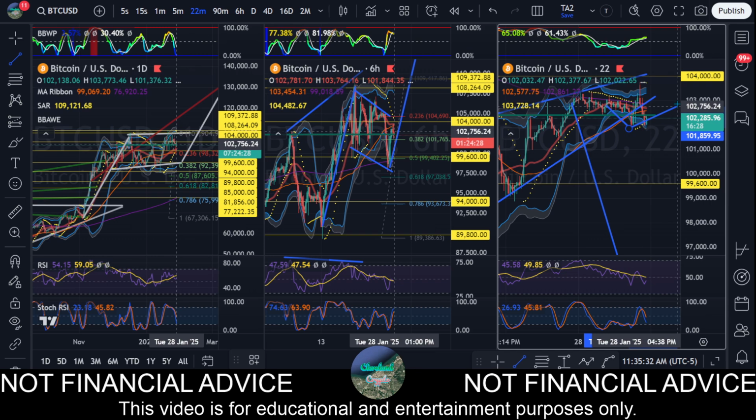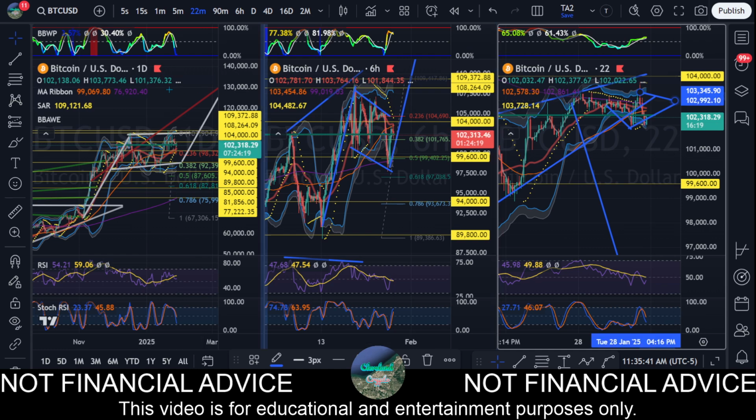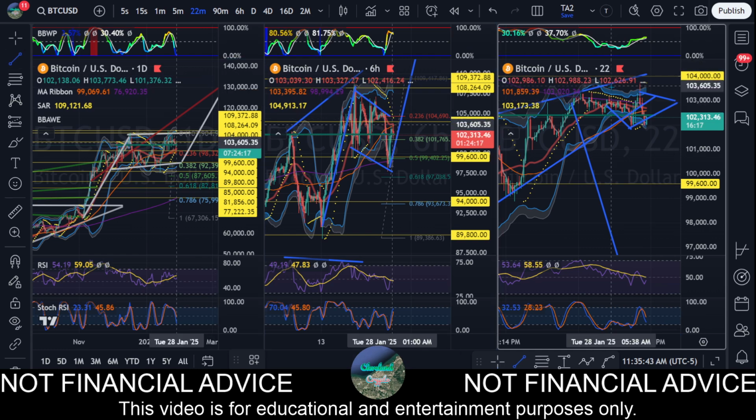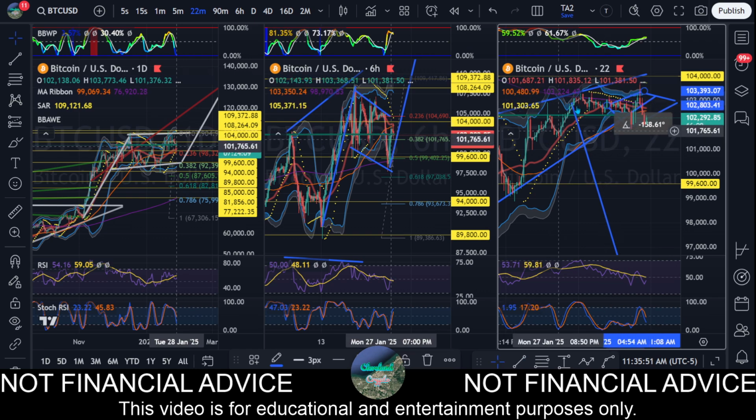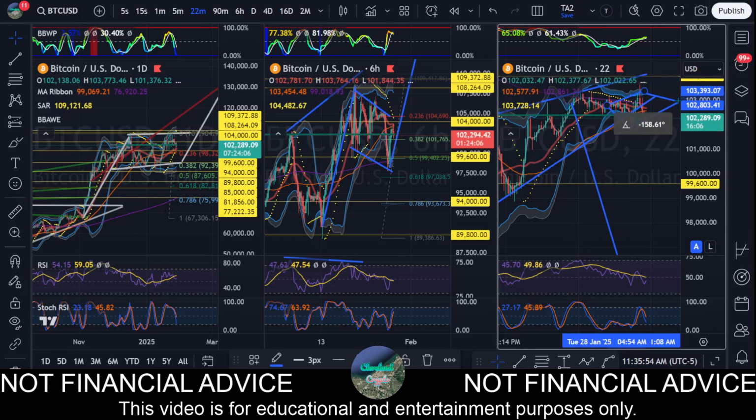Maybe not. We'll see. We can come back up, and then if it doesn't get back up over 103, then we could say this diamond pattern is going to play out. Diamond patterns are a reversal pattern, as in whichever way it came in is the way that it's going to come out. And it looks like it came in to the upside, so it should come out to the downside.